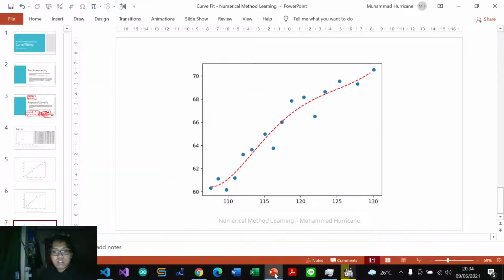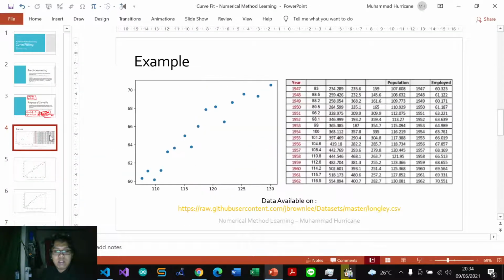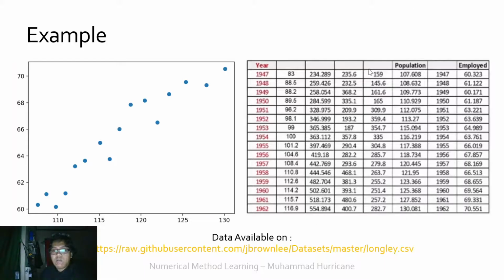It's a little bit uncomfortable to see the data in CSV format. In this table, we have column 1, 2, 3, 4, and 5, 6, 7.